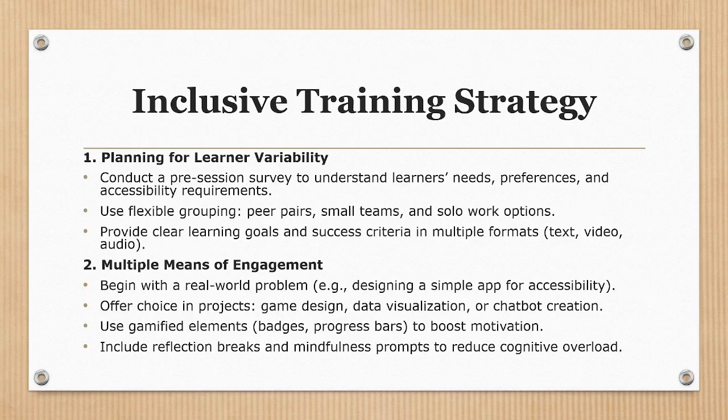So let us begin the inclusive learning strategy. Number one, planning for learner variability. You need to conduct a pre-session survey to understand learner needs, preferences, and accessibility requirements.